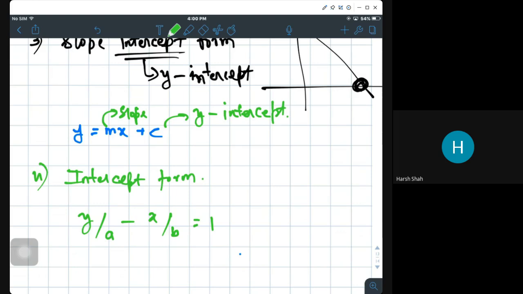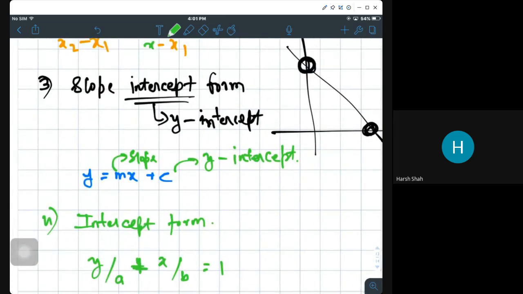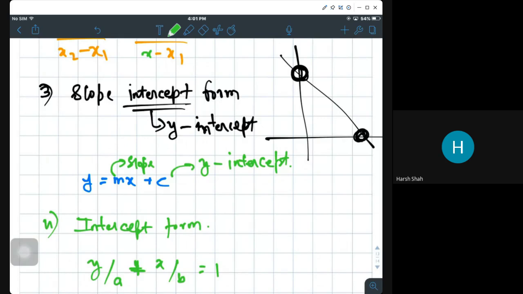It is a positive here. y divided by y-intercept plus x divided by x-intercept is 1. Is it fine? Sir, I think that should be x by a plus y by b.